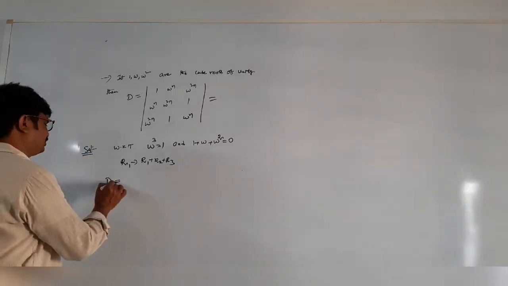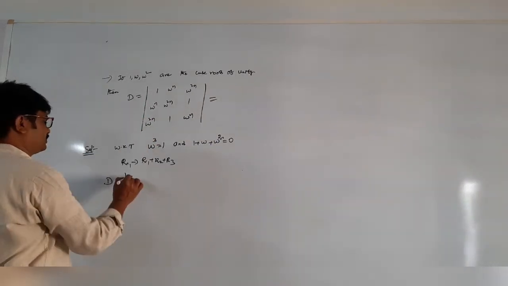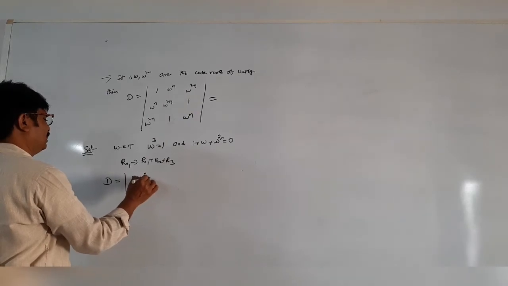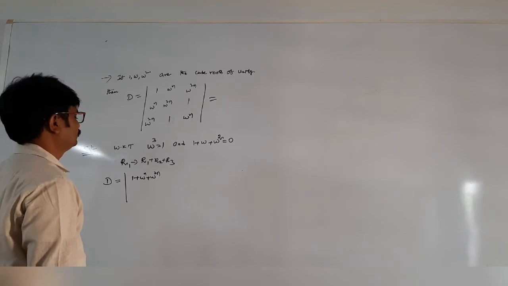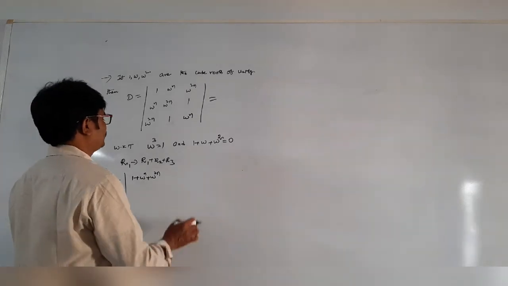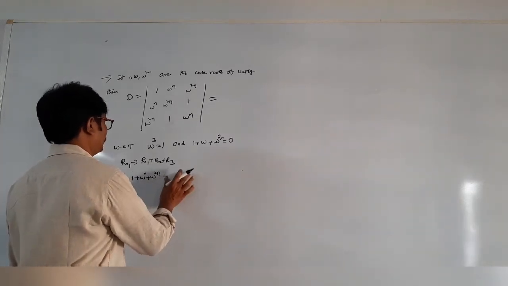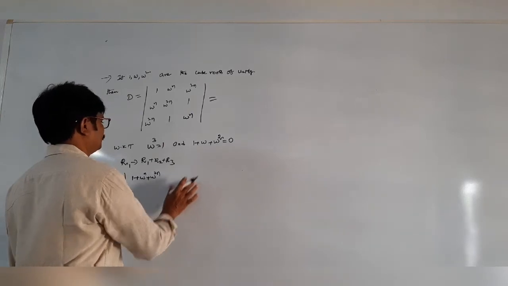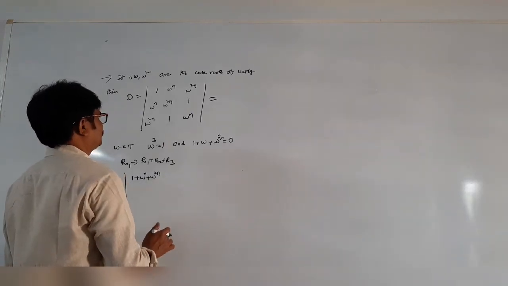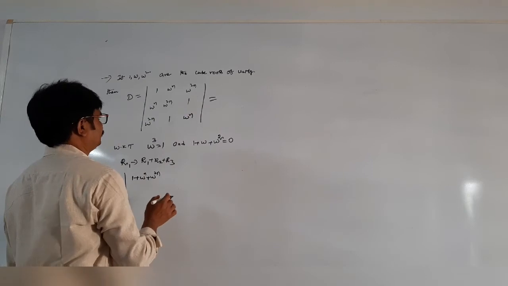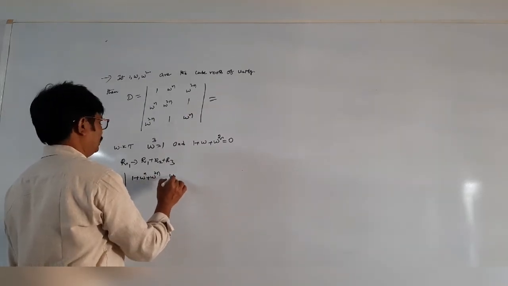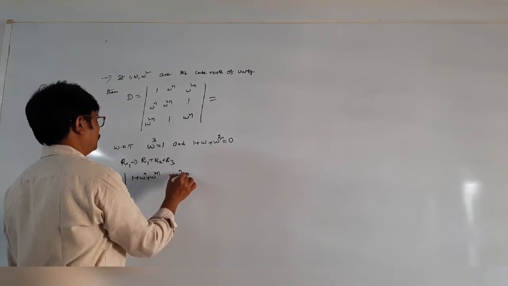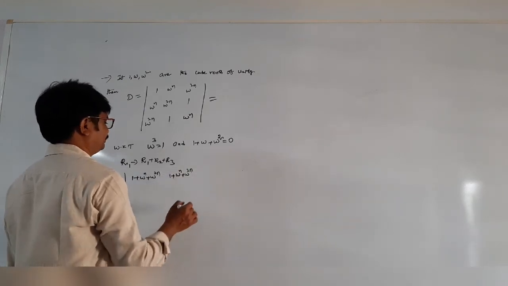Now D can be written as 1 plus omega power n, omega power 2n. Dear students, undoubtedly that is 1 plus omega power n, omega power 2n.